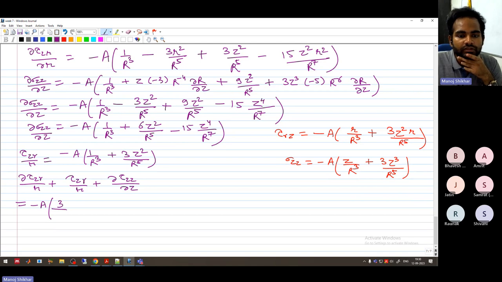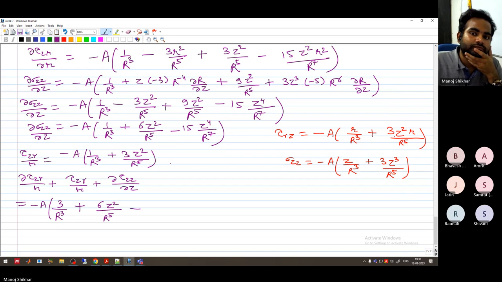So we have 3 by r cube here. Okay. Now from here and here we have 3z square by r to the power 5. So we have total 6z square upon r to the power 5.